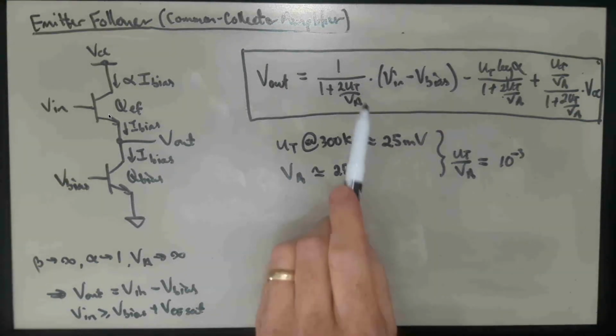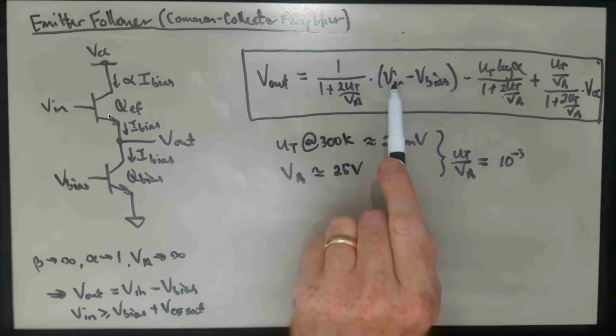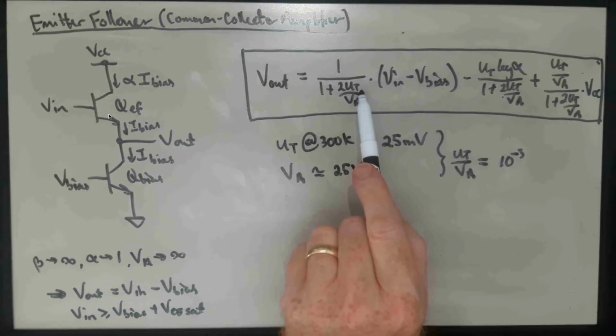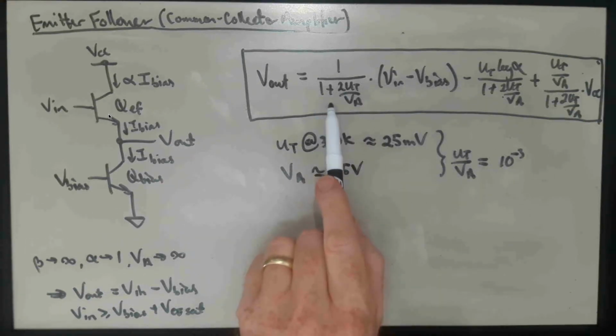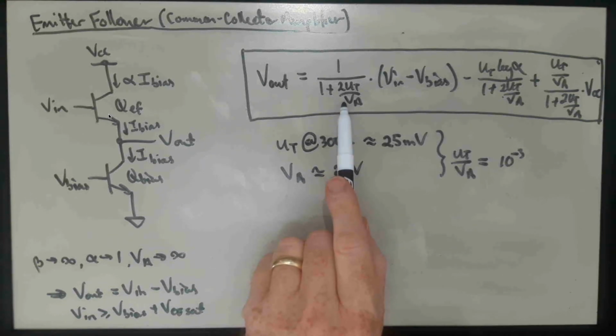So whereas before we had Vin minus V bias without any kind of gain factor other than 1 here, here we're changing the gain to 1 over 1 plus 2 UT over VA, which is roughly 1 over 1.002, which would be about 0.998.